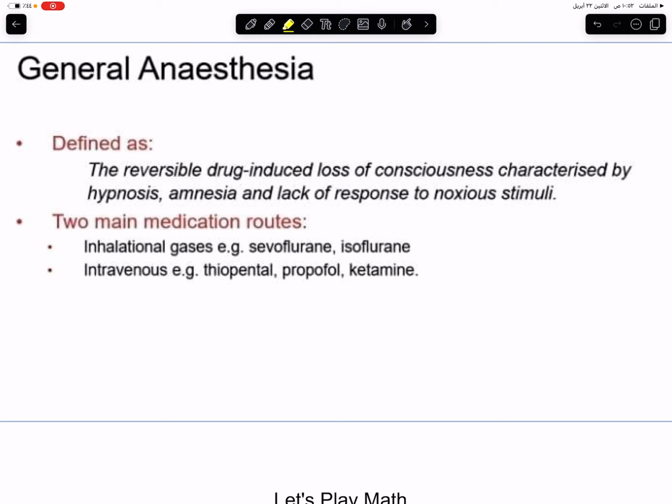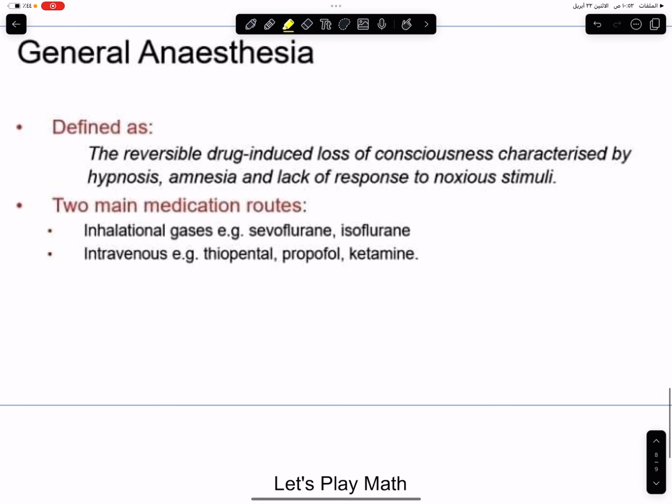That is the maximum: amputation. You have seen many times amputation in diabetic patients. We do it and the patient doesn't feel pain. After that, there might be pain, but at that time there is no pain. So that is part of it. Two main medication routes.